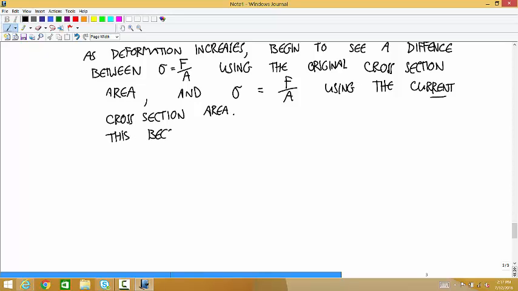So this becomes more pronounced as the cross-sectional area continues to decrease.